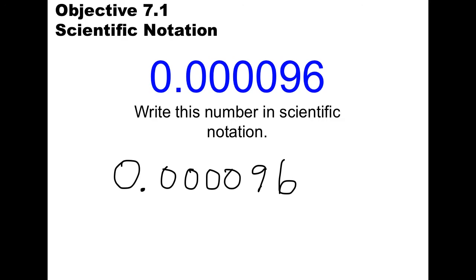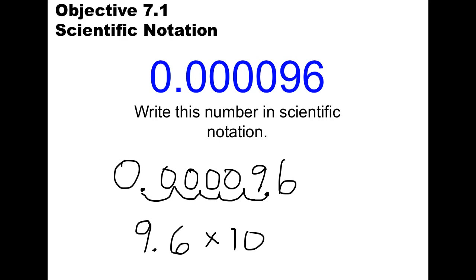So let's go ahead and start doing that. We moved over 1, 2 places, 3 places, 4 places, 5 places. So we know that the first number in our scientific notation is 9.6 times, now we have a power of 10, and we moved it 6 places to the right.